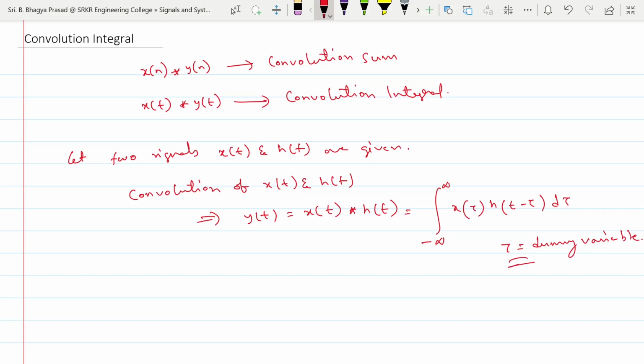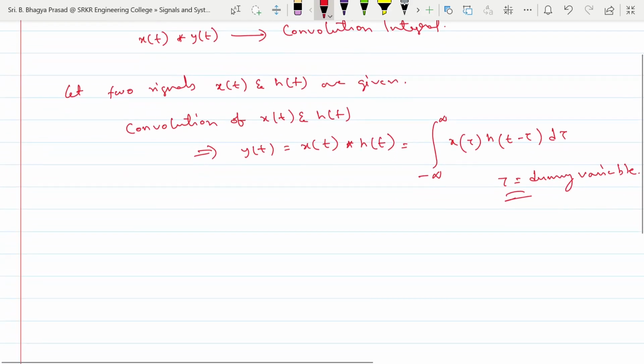By solving problems, we can understand the convolution mechanism of the two signals. Okay, we start with the basic problem.